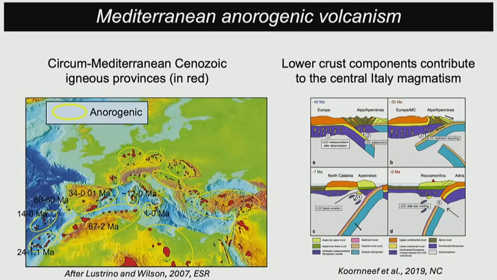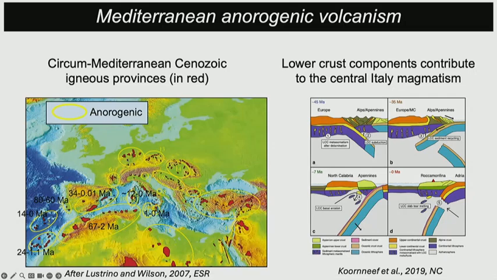Okay, another interesting feature of the Mediterranean basin is that it is characterized by many anorogenic volcanic provinces which formed over the Cenozoic.